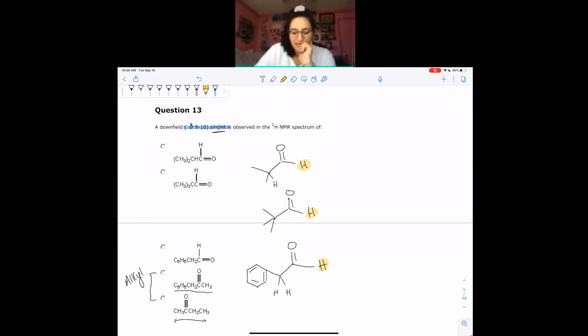Let's see if this has any neighbors. 1, 2, 3. This one has one neighbor, so it's a doublet. Here, 1, 2, 3, it doesn't reach anything, so that is a singlet. Here, 1, 2, 3, it reaches 2 hydrogens, so this one is a triplet.